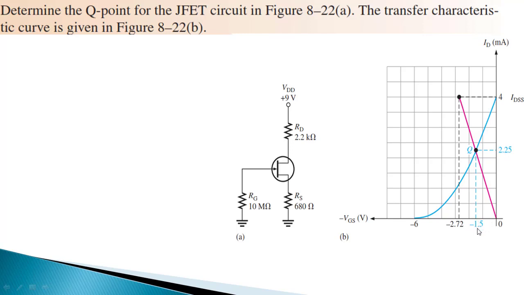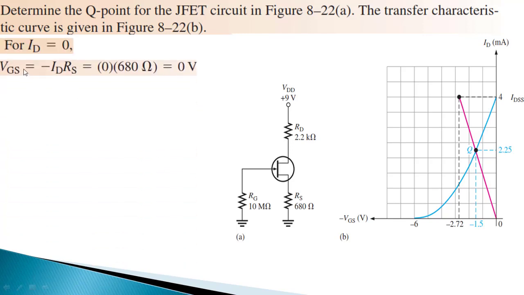How we get this answer is, we calculate this VGS. When ID is equal to 0, VGS is equal to 0 because VG is equal to minus ID into RS. If ID is equal to 0, then ID RS will be 0.